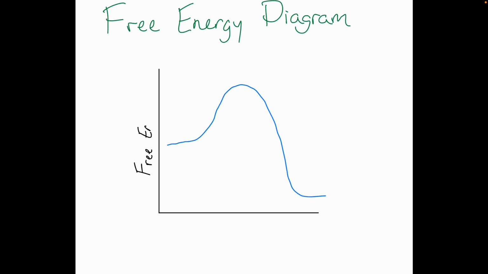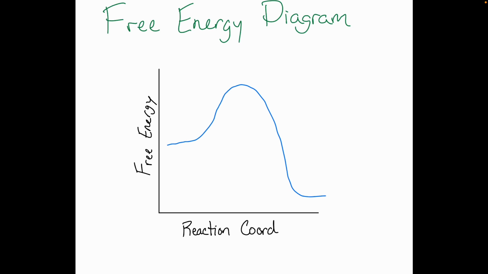If we're being really good, our y-axis is free energy, and our x-axis is what we call reaction coordinates or reaction progress. And this is showing us how the energy is changing as we proceed from the reactant side to the product side. Right?